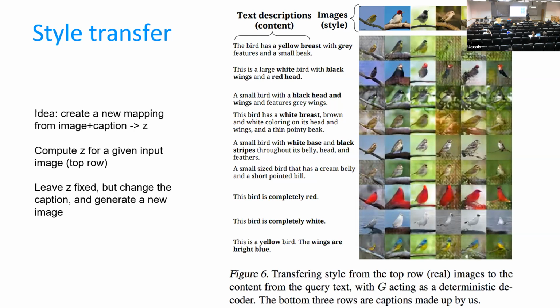Interesting. Yeah. So the question is, how would the Z space be affected if you made it more descriptive? If you became more descriptive and described the background and what the bird was standing on in your text description, I'm going to turn that back to you. What do you think the Z space would capture then? Totally.